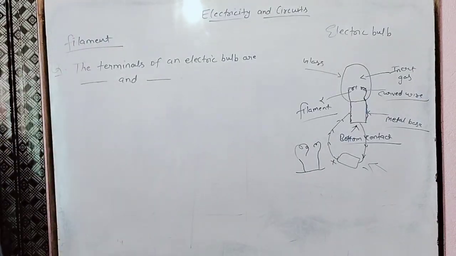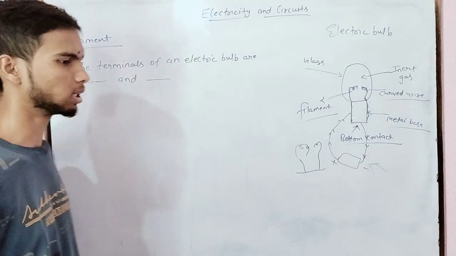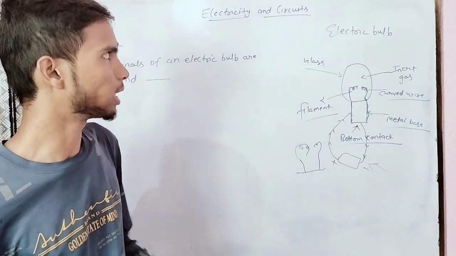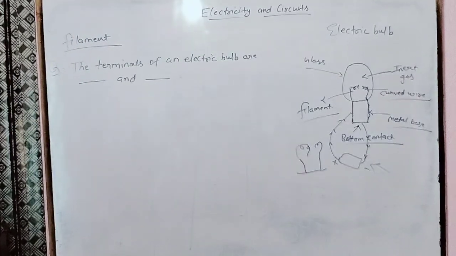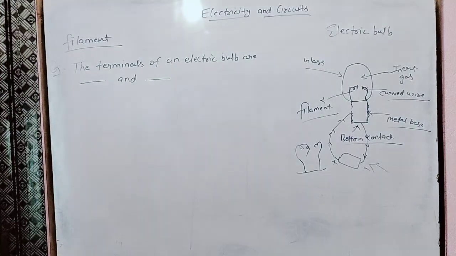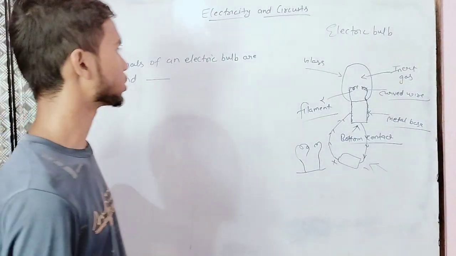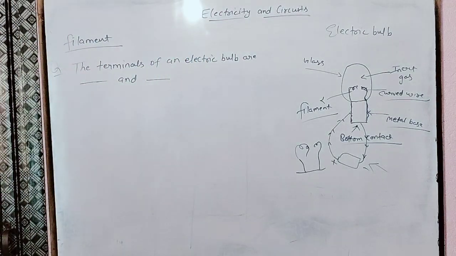What is it saying? The terminals of an electric bulb are dash and dash. We have to find both the terminals. As we know, any electric device will have only two terminals, first positive, second negative, and you have to identify where both the terminals of the electric bulb are and what are the names of those.